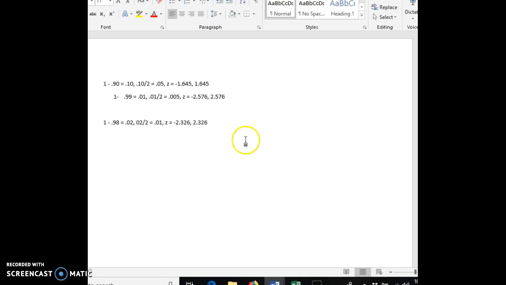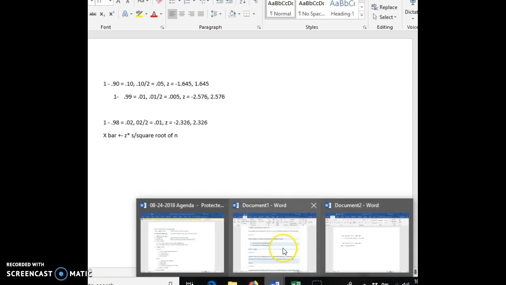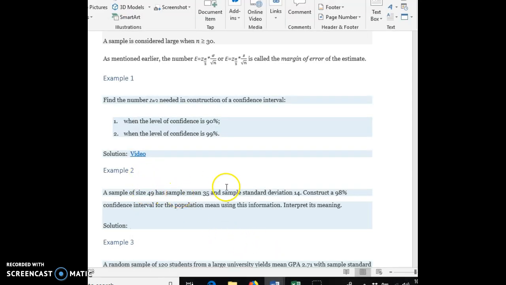But our formula is x bar plus and minus our z of alpha over 2 times our standard deviation s divided by the square root of our sample size n. Okay, so let's fill in x bar, our mean. If we go back to our information here, x bar, our sample mean, is 35.